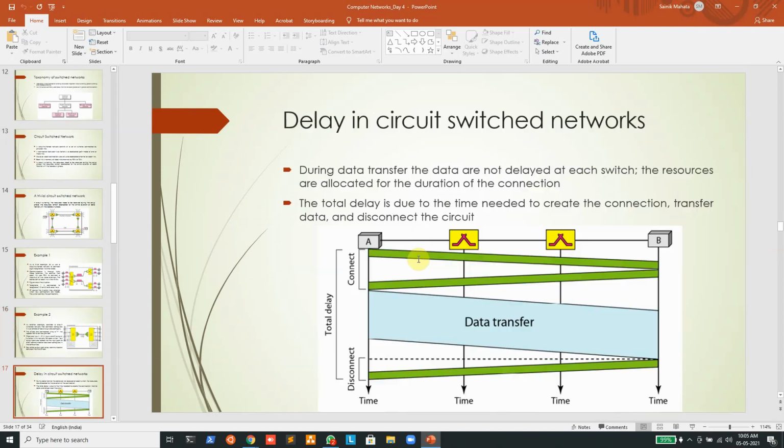Now whenever we have a circuit switch network, first and foremost we should understand the delay concept in the case of a circuit switched network.